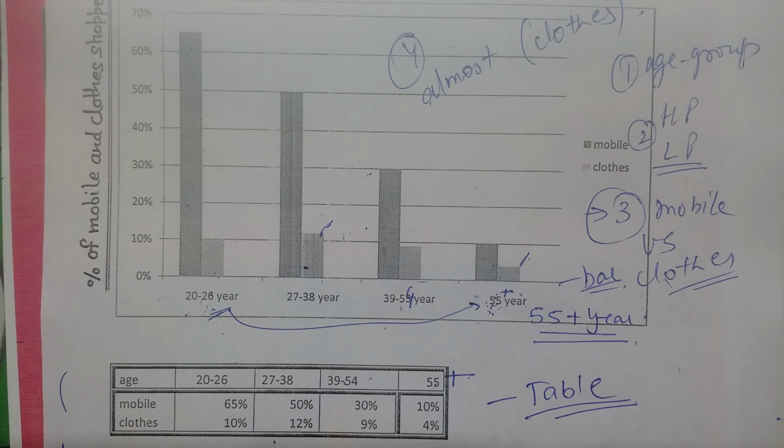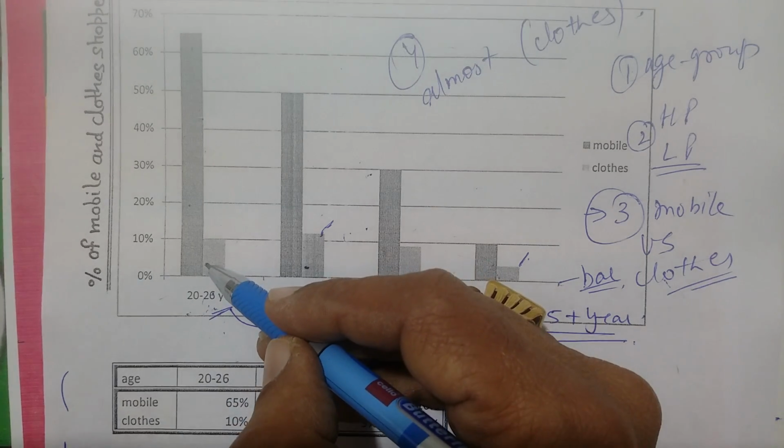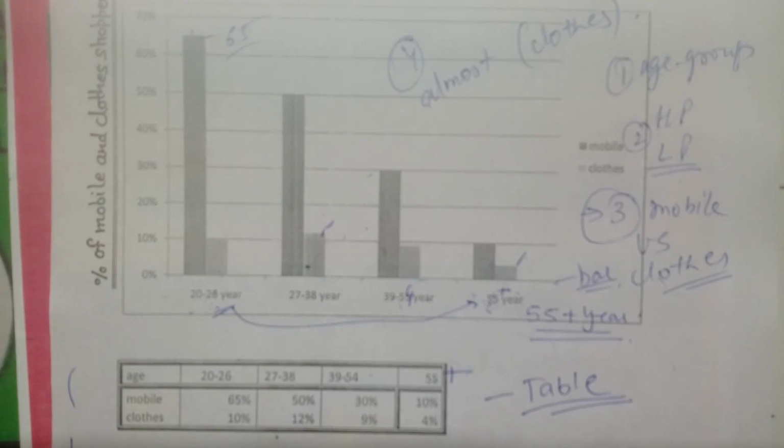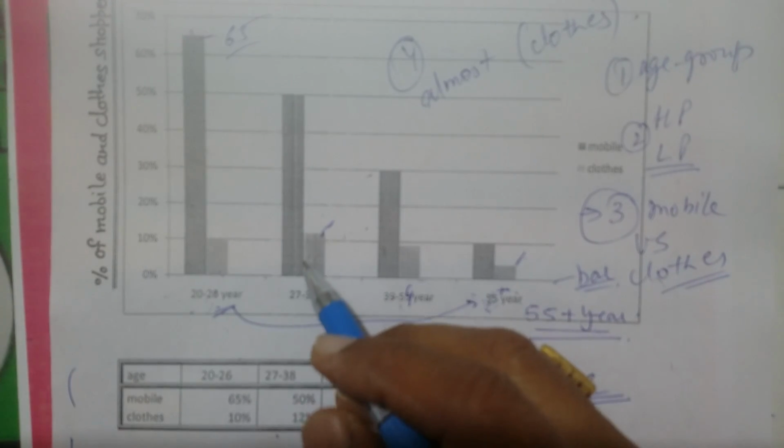I don't need a reason from you why it happens. I want to know how it happens. What percentage change is there? That is the requirement of task 1. Remember this thing. So here you can check this age group. What's the percentage here? Around 65. So we can work on this one.